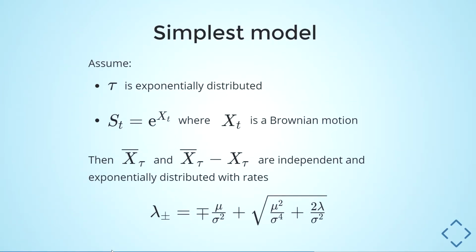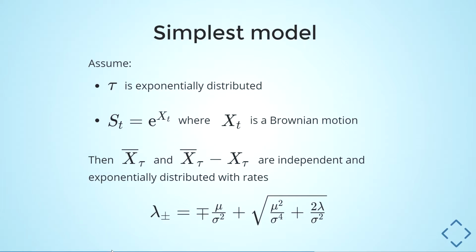So in the very simple, ludicrously simple case, we'll say that people live for an exponentially distributed amount of time. Your stock price is e to the X_t, where X_t is some Brownian motion. So this is basically the Black-Scholes formula.